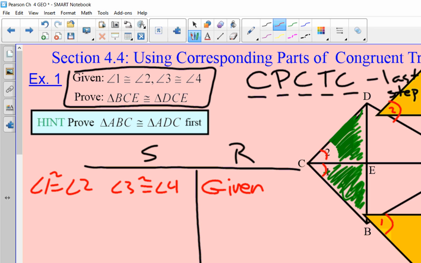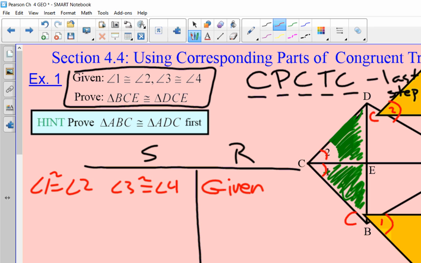What else can I prove that is going to be congruent in the gold ones? I pulled it apart, but remember, when you pull it apart, were there pieces that were congruent to each other? Well, yeah. CA was that line.